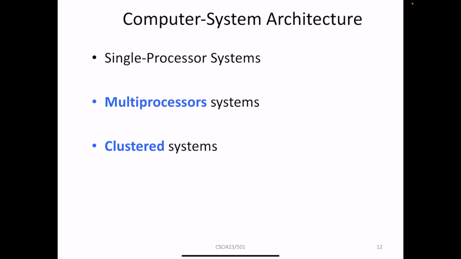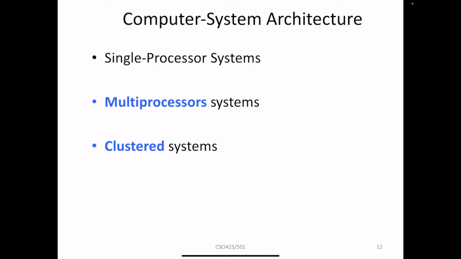Clustered systems are very similar to multi-processor systems, but just like what we mentioned, we connect multiple computers together to do some tasks. Compared with a multi-processor system, a clustered system can provide even more computing power. Beyond that, clustered systems are more reliable than multi-processor systems.